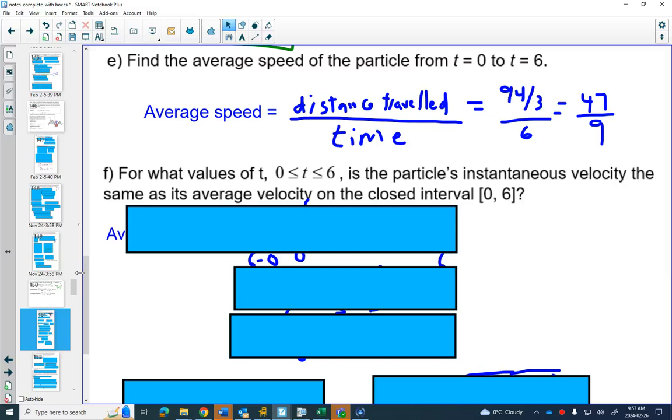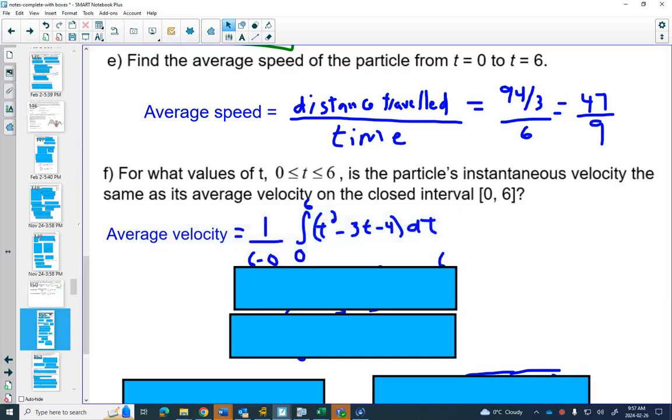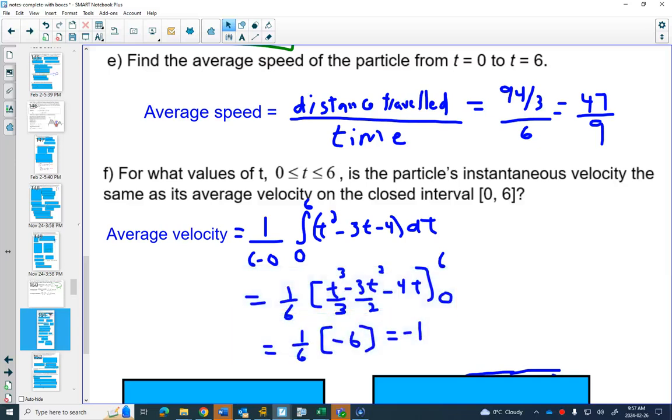So basically what we're trying to do is get our average velocity to be equal to our instantaneous velocity. So our average velocity, here's the formula, right? This is different than average speed, so we don't use the answer from above. We're using average velocity. I'm using the integral right here. And we get an average velocity of -1.